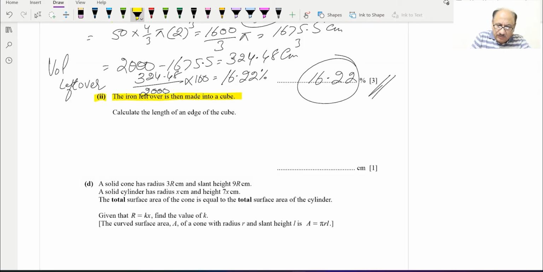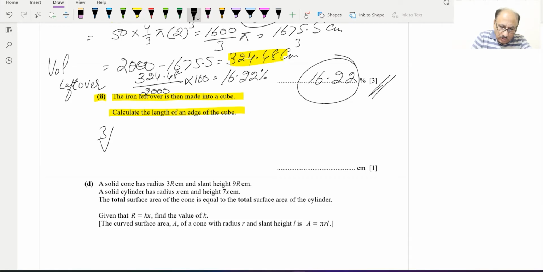The iron left over is then made into a cube, and calculate the length of an edge of the cube. So the edge of the cube: the remaining volume is this one, the leftover volume, so we will be taking the cube root of this.